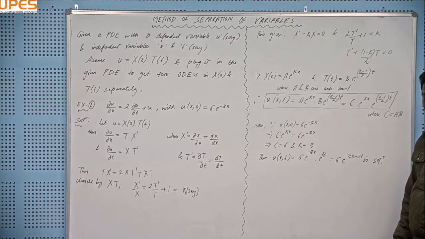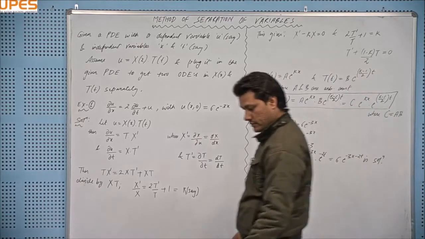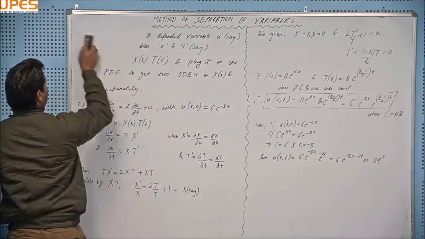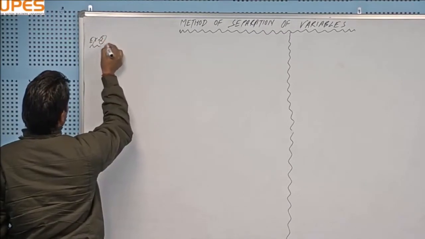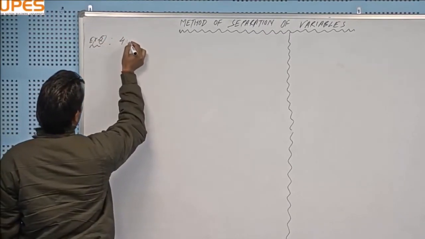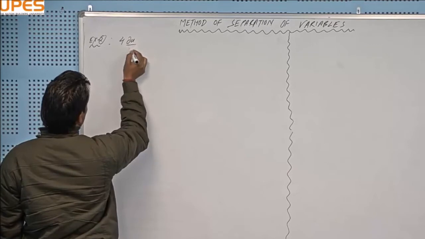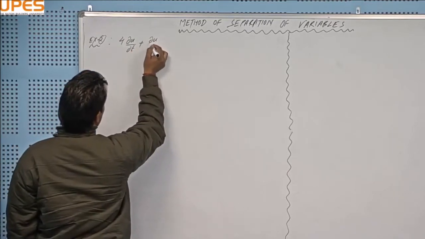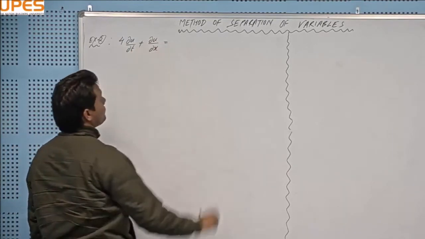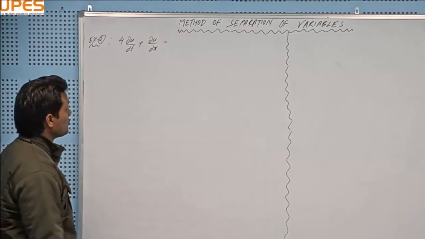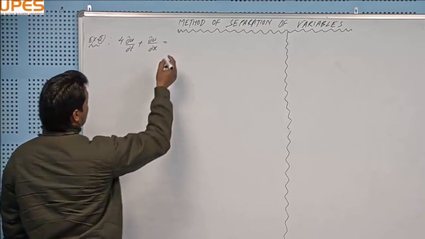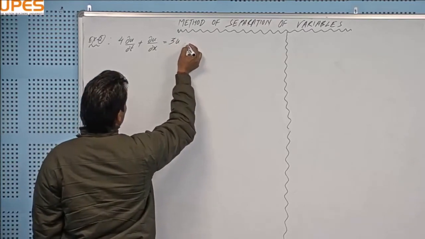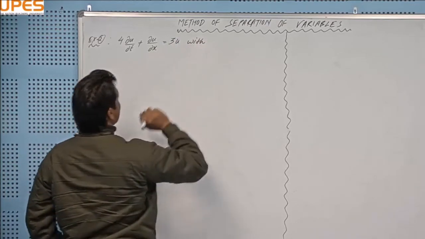So taking another example, example number 2. Let me take 4 del u over del t plus del u over del x is equal to some function of u, the dependent variable itself, 3u, with the initial condition.